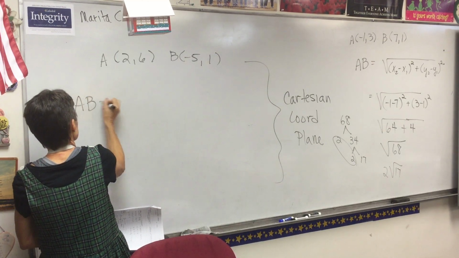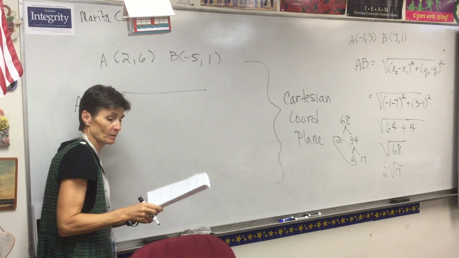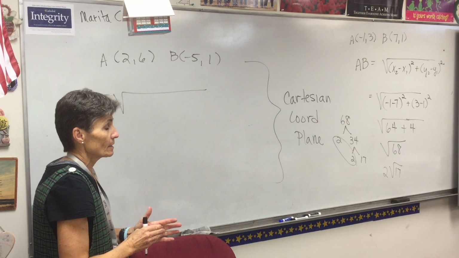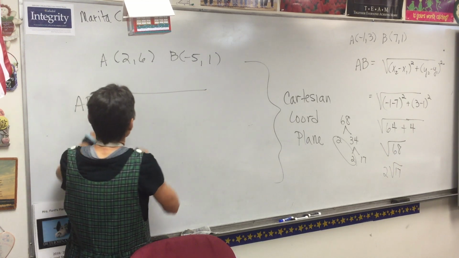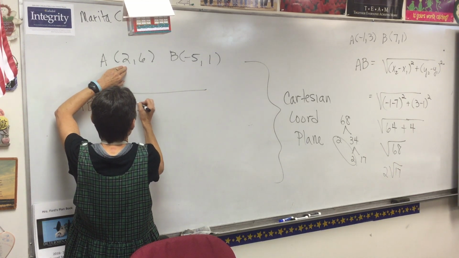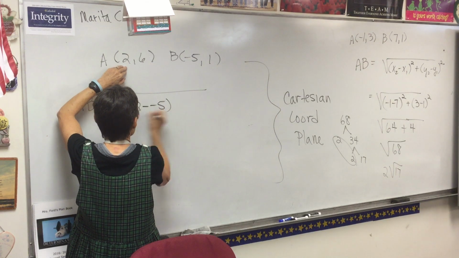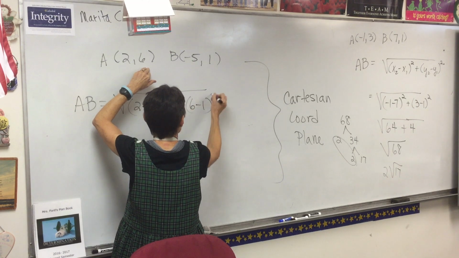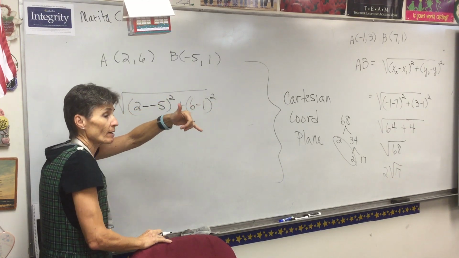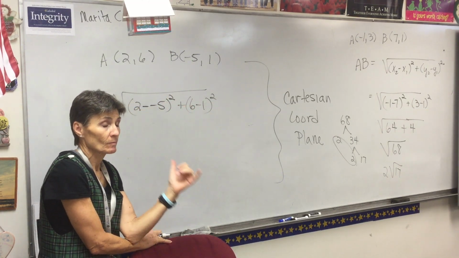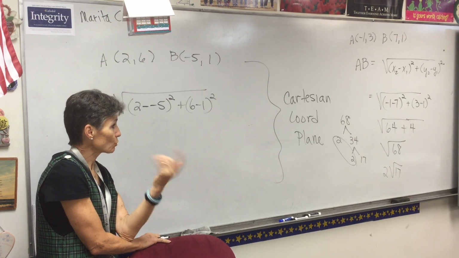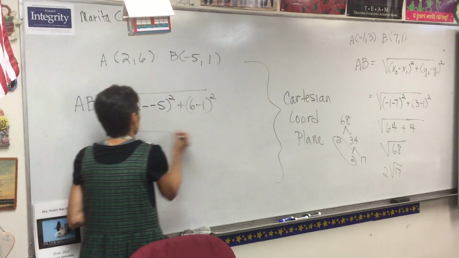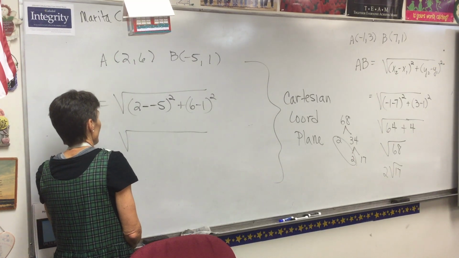AB means the distance from A to B. The distance is a big giant radical, and underneath the radical we're going to subtract our x's, so 2 minus negative 5 and 6 minus 1. So we're going to subtract our x's, square them, subtract our y's, square them, add them up, and take the square root.